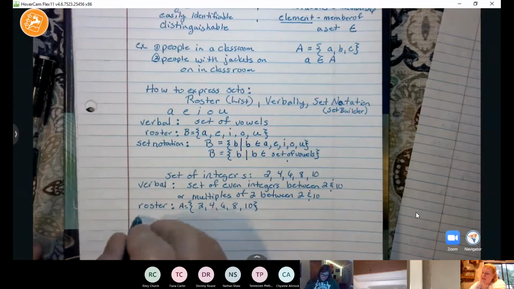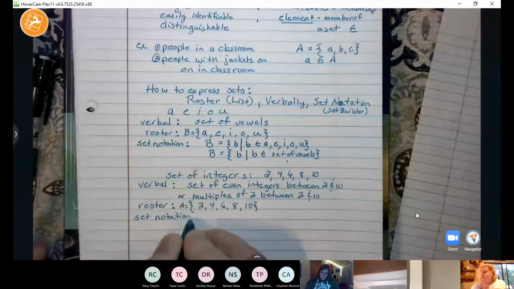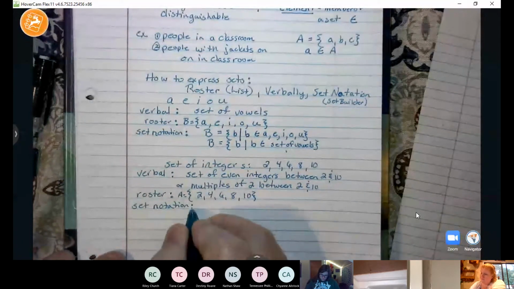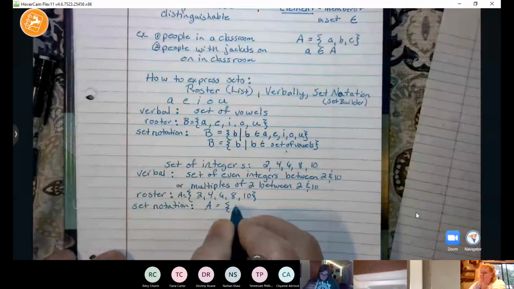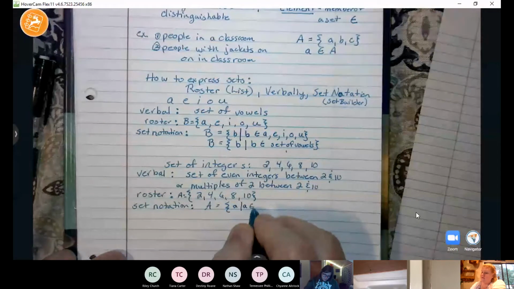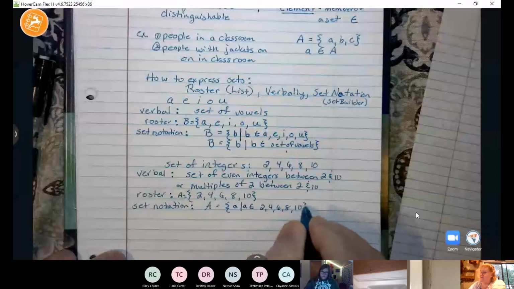If I was going to use set notation, A such that A is a member of 2, 4, 6, 8, 10.